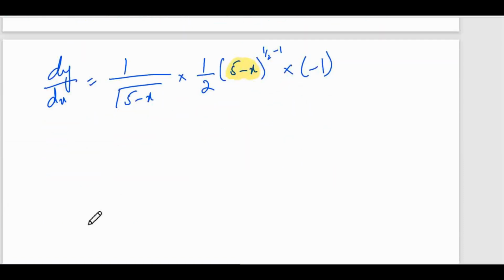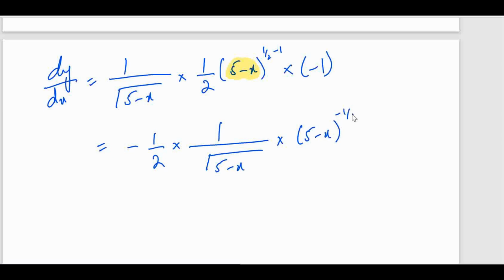So this will be equal to, if we simplify it further, the final answer will be minus 1 by 2, if we write it in an organized way, 1 by (5 minus x) whole power minus 1 by 2.